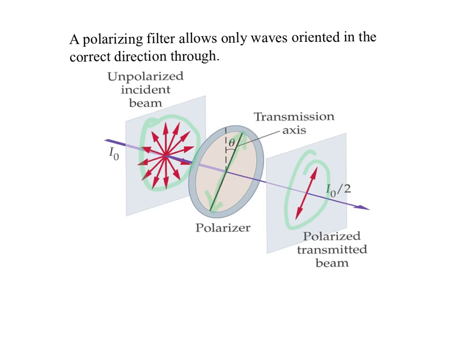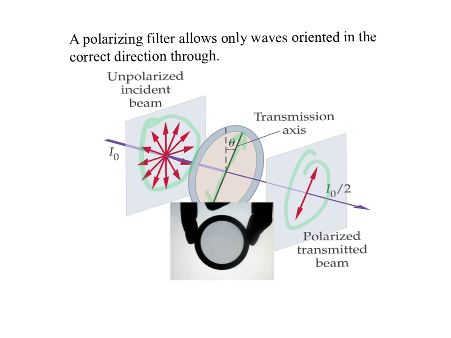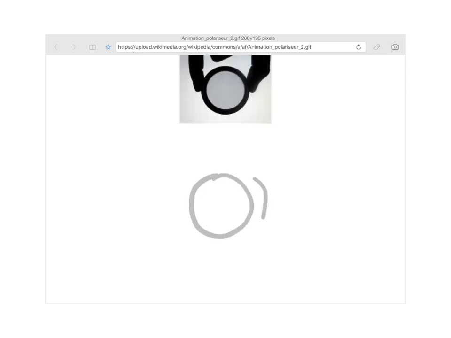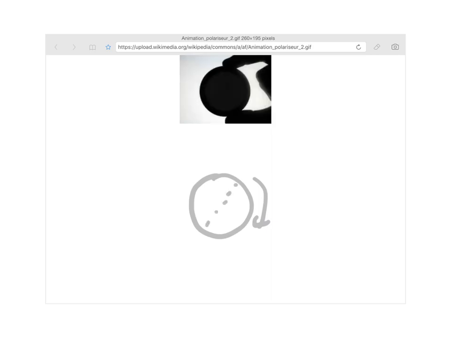I have a little GIF for you of a polarizing filter right now. In this GIF, the black circle is the polarizing filter, and what the guy is doing is turning it so that the transmission axis changes. There's some polarized light coming from the other direction.